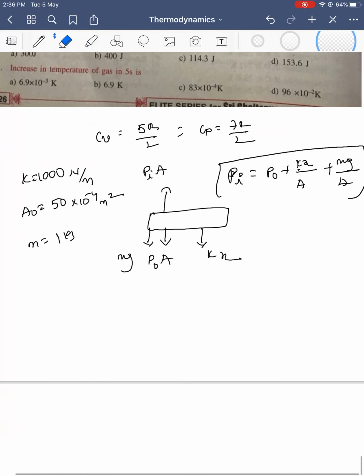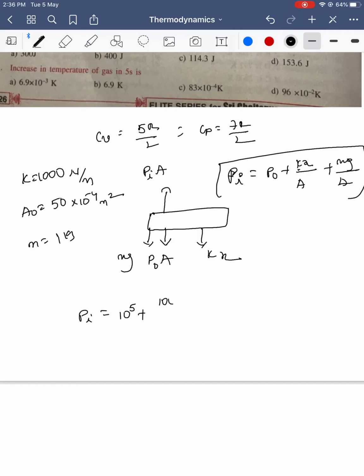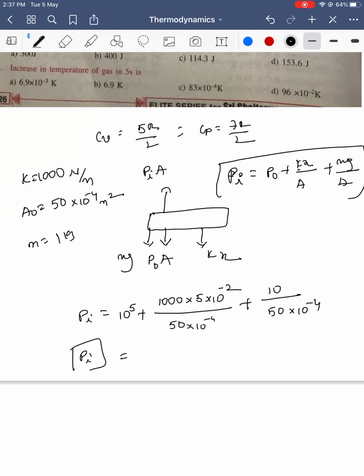It's confined, so a small displacement. So Pi initial is equal to 10 power 5 plus K is 1000 into displacement 5 into 10 power minus 2, by area which is 50 into 10 power minus 4, plus m is 1, g is 10, by area 50 into 10 power minus 4. Simplify this to get the initial pressure.